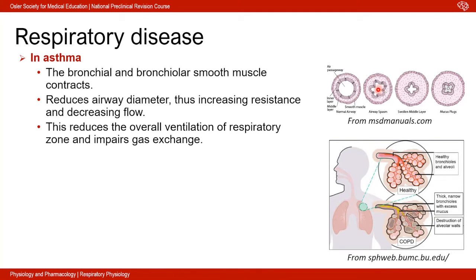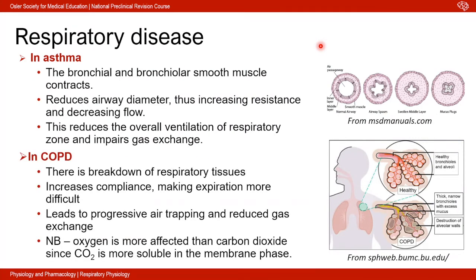And if you want to explain that really nicely, you can refer to Poiseuille's law. So this is going to reduce the overall ventilation and impair gas exchange. And that's kind of just intuitive because someone with asthma just finds breathing a little bit more difficult. So this is a nice simple explanation for a relatively commonplace disease.